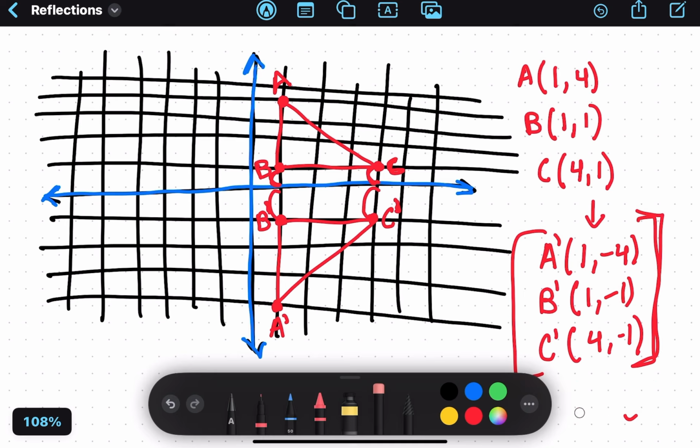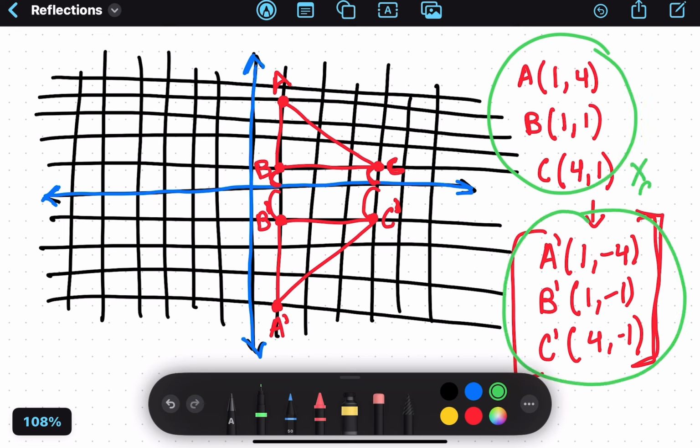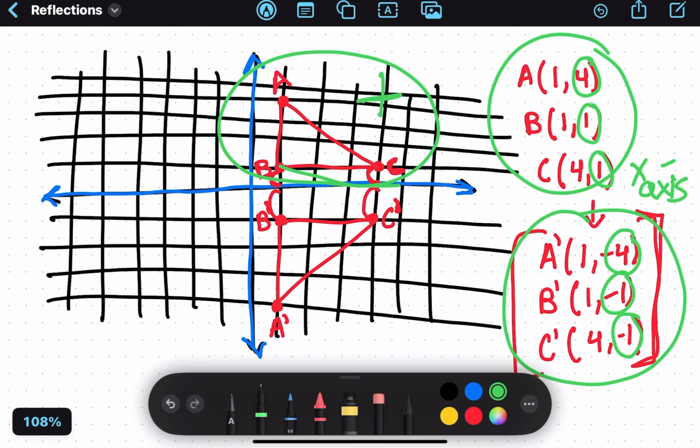Now, do you notice a specific pattern about how we went from these points over here to these points over here, reflecting across the x-axis? Notice the signs of the y's. The y sign changes when you're reflecting across the x-axis because you're going from positive over here to negative over here.